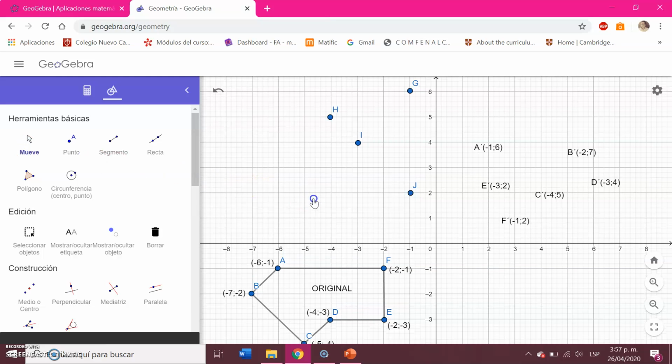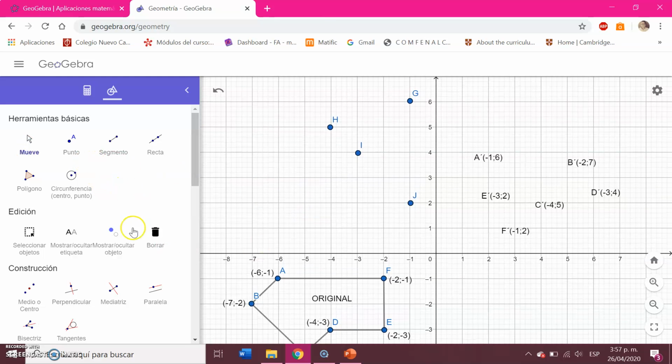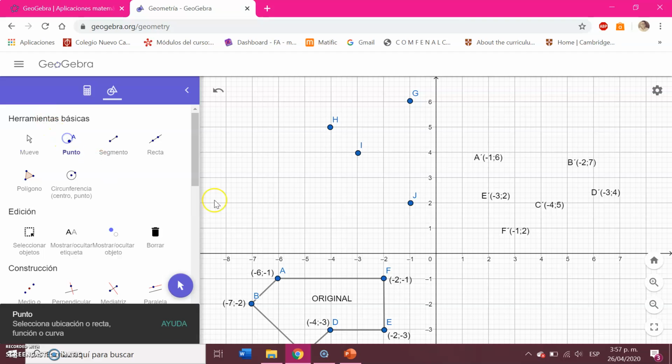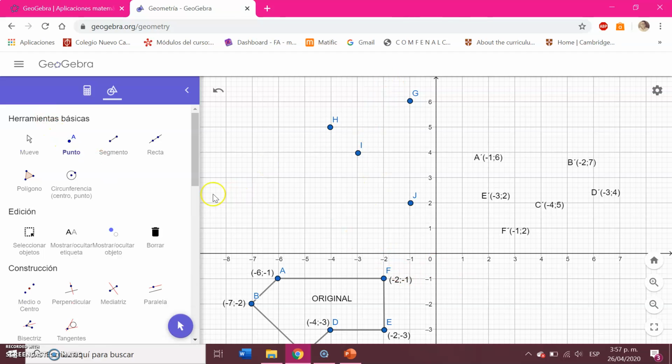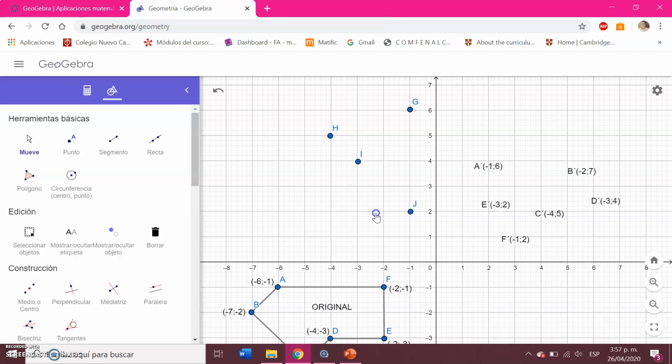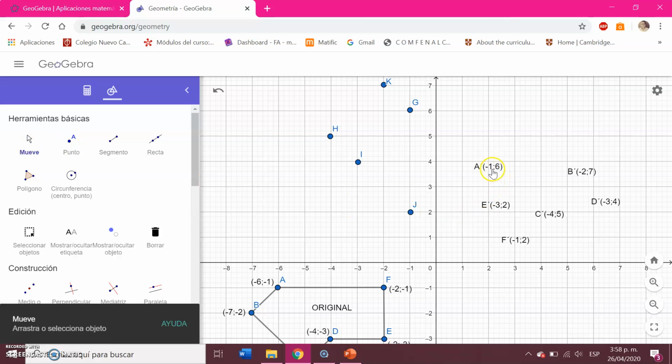Let me move it a little bit down. -2, 7. I need to move it more. -2, 7. And now we are gonna put all the tags.